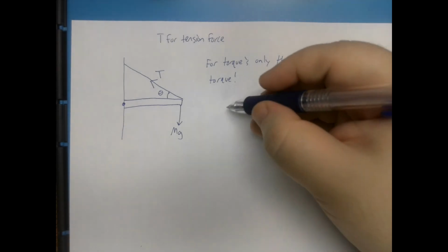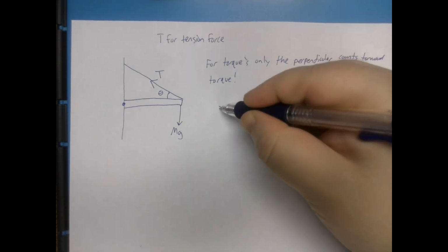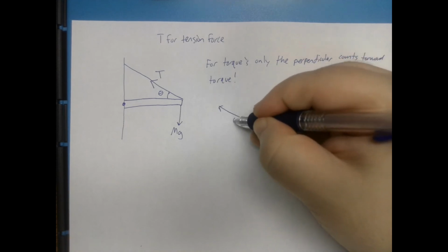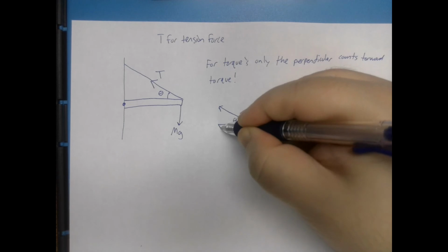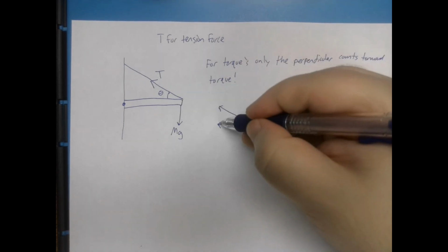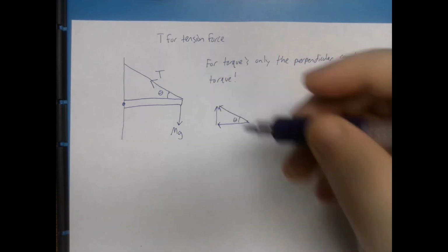So this tension vector, at an angle of theta, has two components, a component that's horizontal and a vertical component.